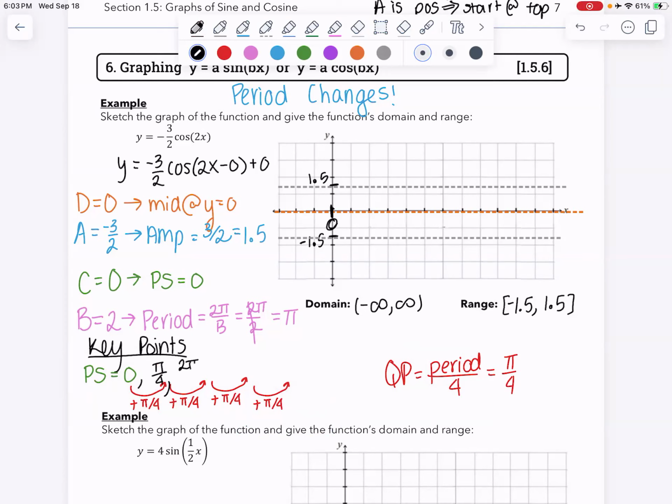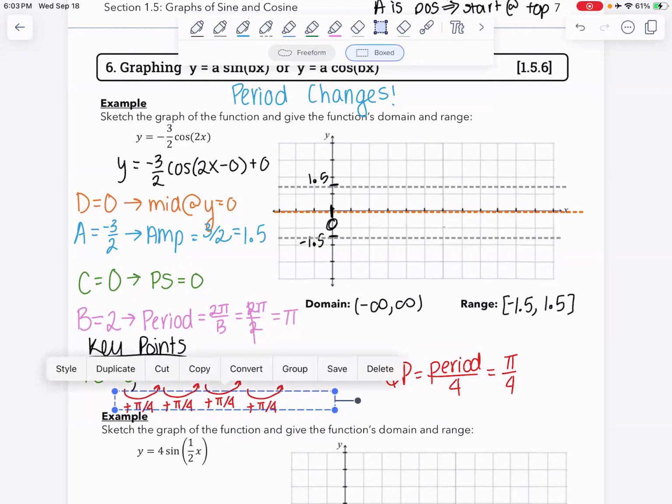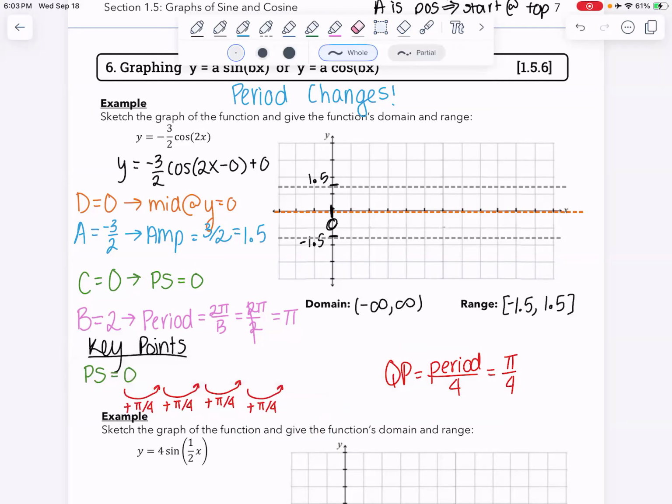Add another pi over 4, you have 2 pi over 4. Let's see, I need to line those up better. That's what I get for trying to get ahead of myself here. We have pi over 4, and then you add another pi over 4, and you get 2 pi over 4. You add a pi over 4, you get 3 pi over 4. Add a pi over 4, you get 4 pi over 4.